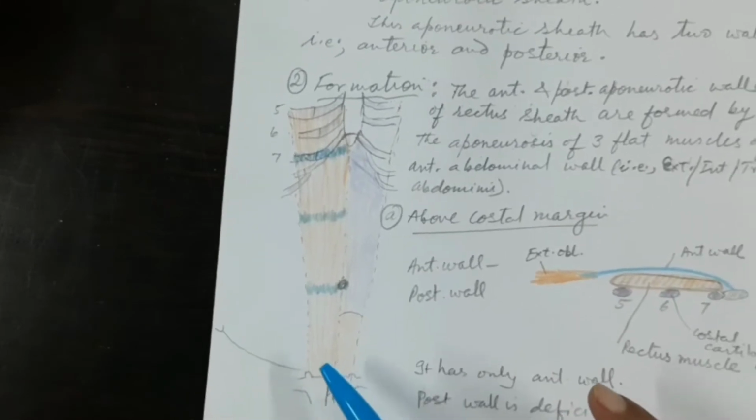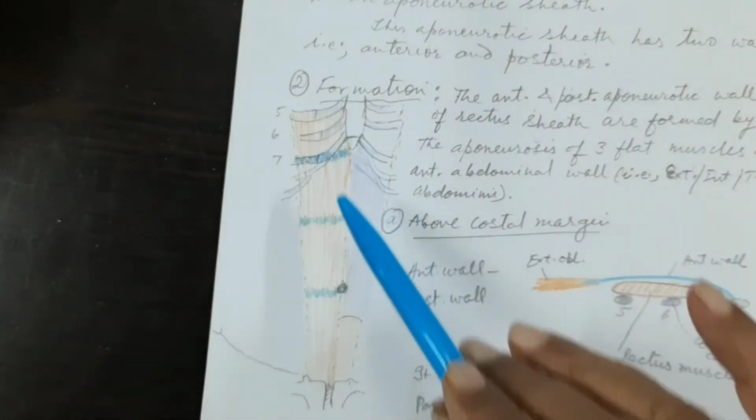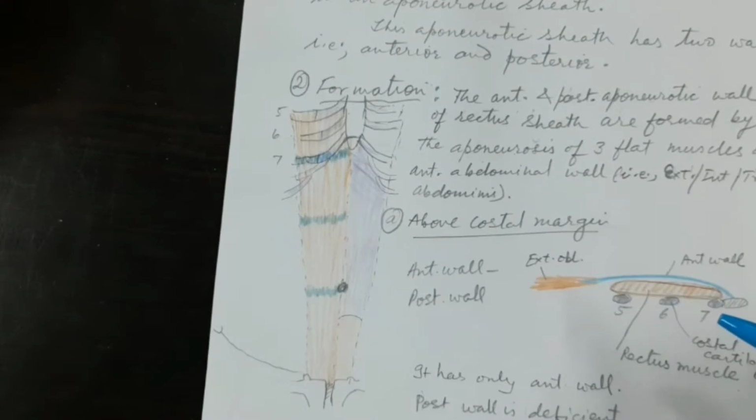You can see in this diagram, on this side I have shown the rectus abdominis muscle. The origin is from below, from the pubic symphysis, pubic crest and part of the pubic tubercle.